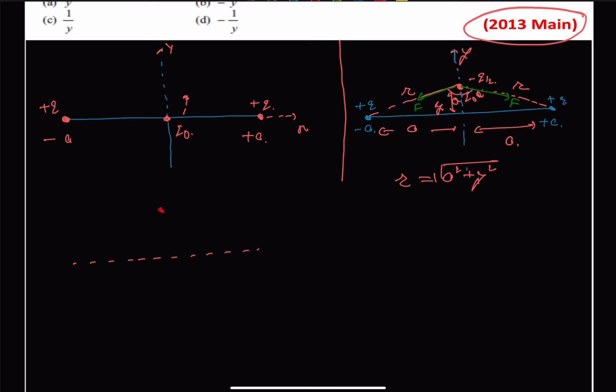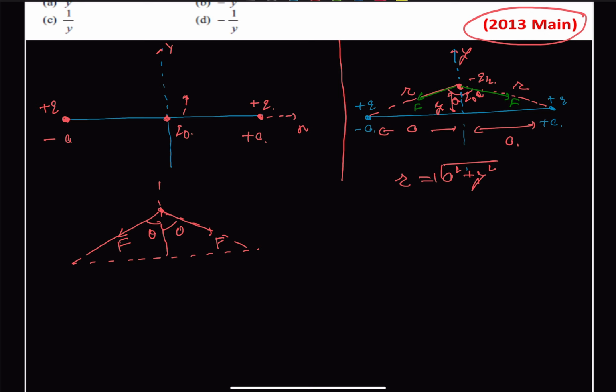So independently we can just draw it, and this is our charge q naught, and we are having a force F here and F on the other side, and angle with the vertical we have assumed is our theta.